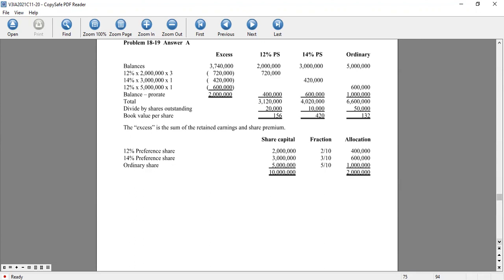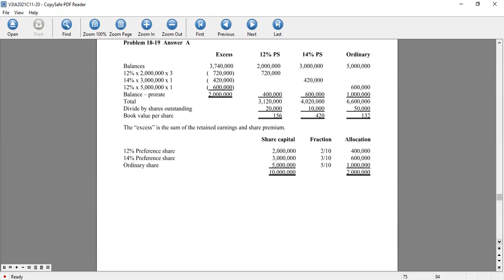For the preference shares, 12%, 20,000 shares outstanding, 10,000 for the 14% preference shares, and 50,000 for the ordinary, ending at the book values per share of 156, 420, and 132.